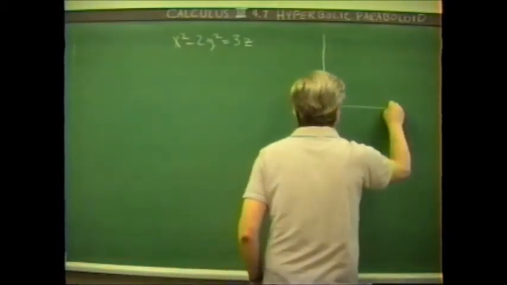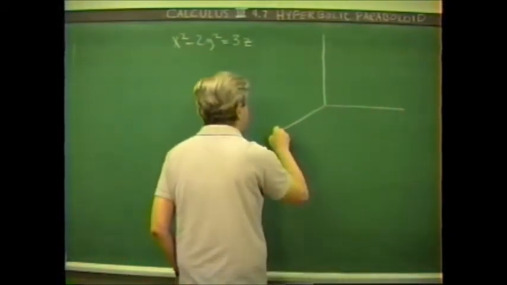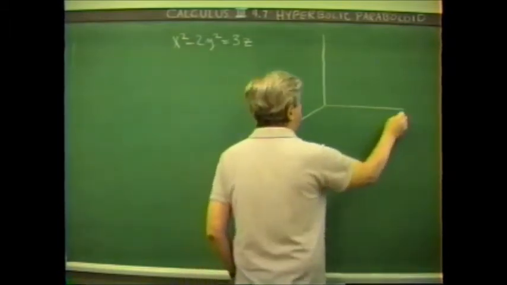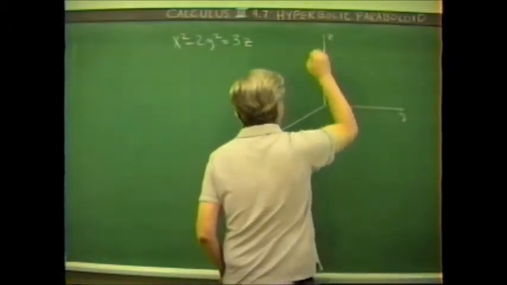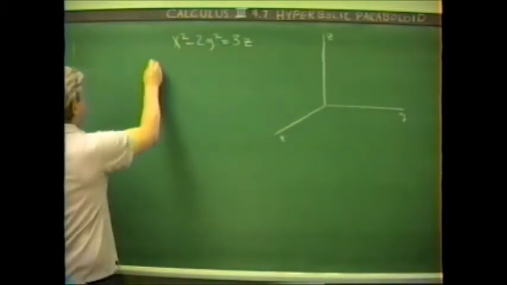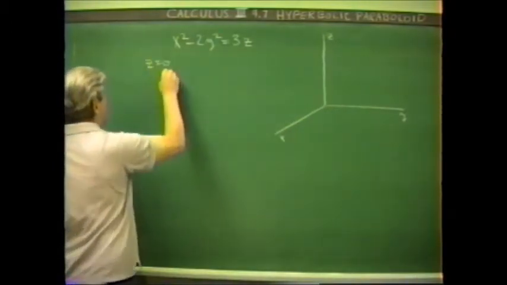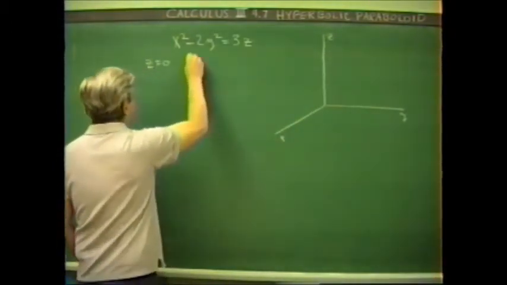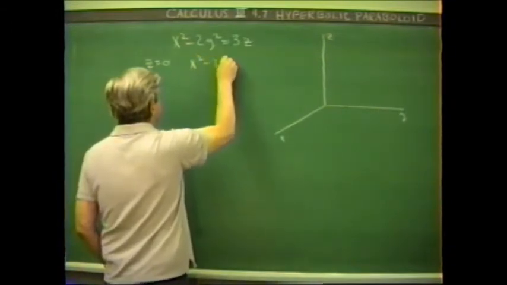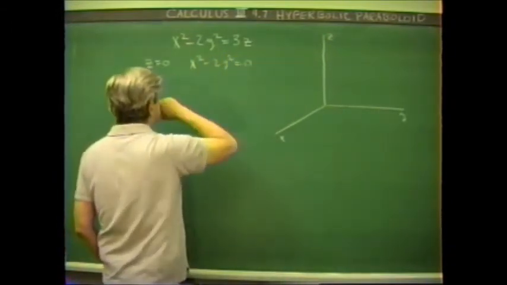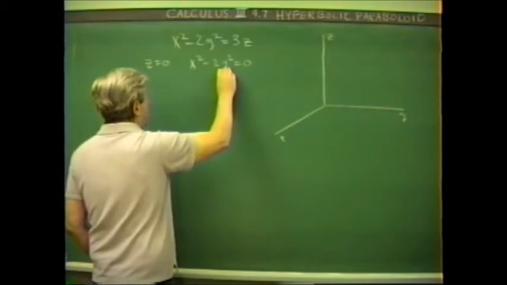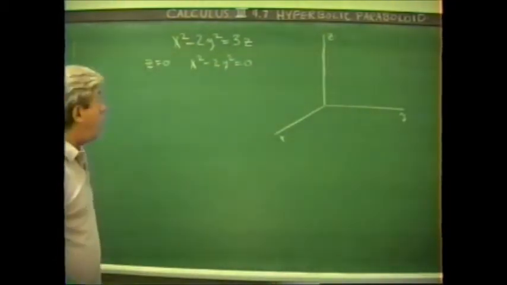We want to look at the various traces in the x, y, and z planes. In particular, if we let z equal 0, we get x squared minus 2y squared is equal to 0. And this is the graph of two lines.